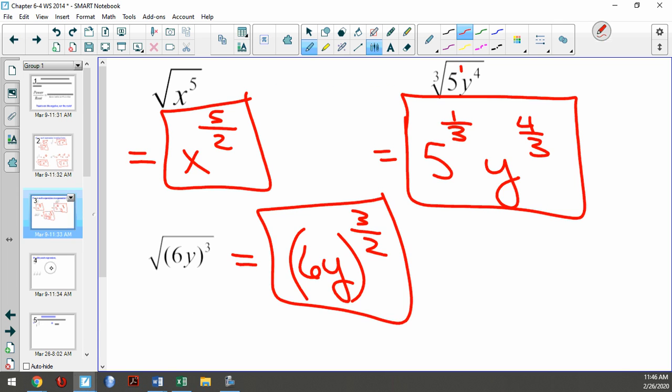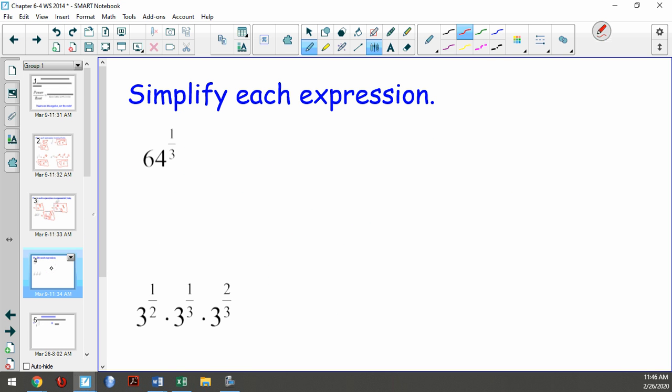Okay, next. Now let's actually apply the information. Now I want you to simplify the expression 64 to the 1/3 power. Our brains do not like fractional exponents. So we're going to go back to the radical expression. So Harley, what do I do here?